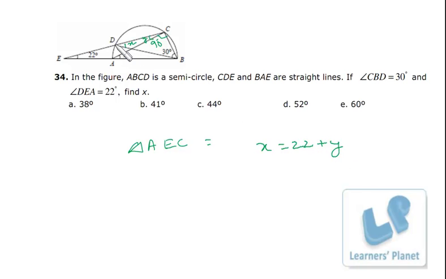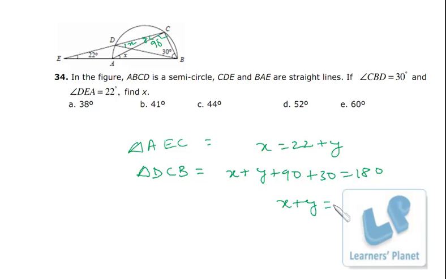Then in triangle DCB, X plus Y plus 90 plus 30 should be 180, because the sum of angles of triangle DCB should be 180.